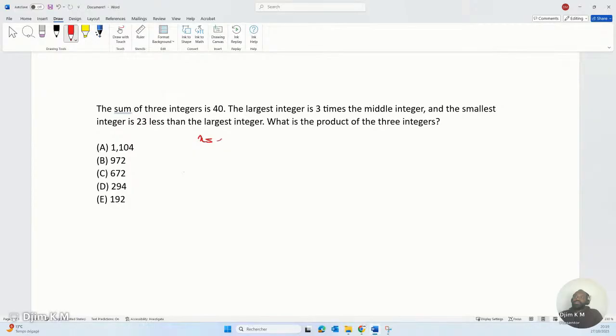So let's say x is equal to the largest integer, y is equal to the middle integer.